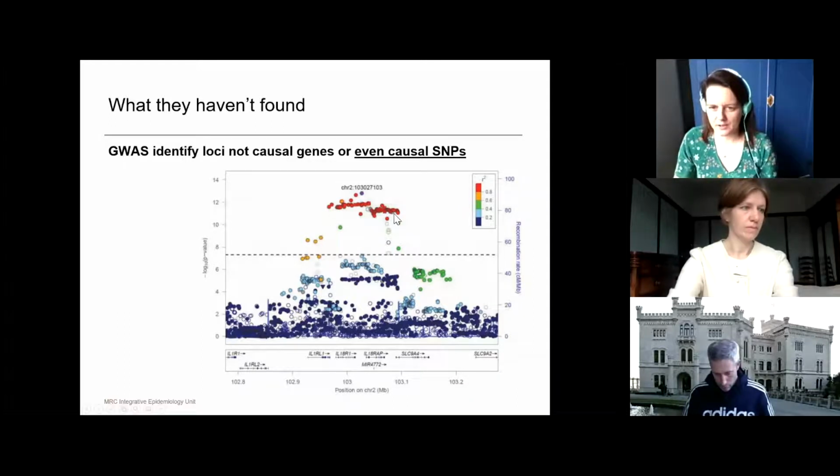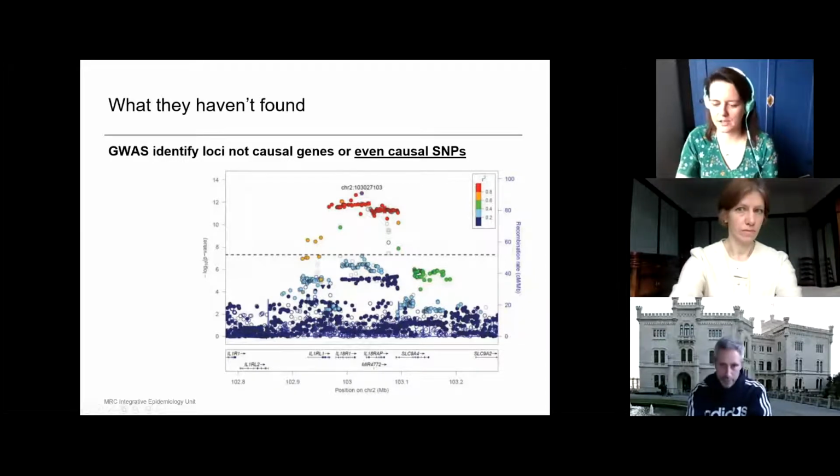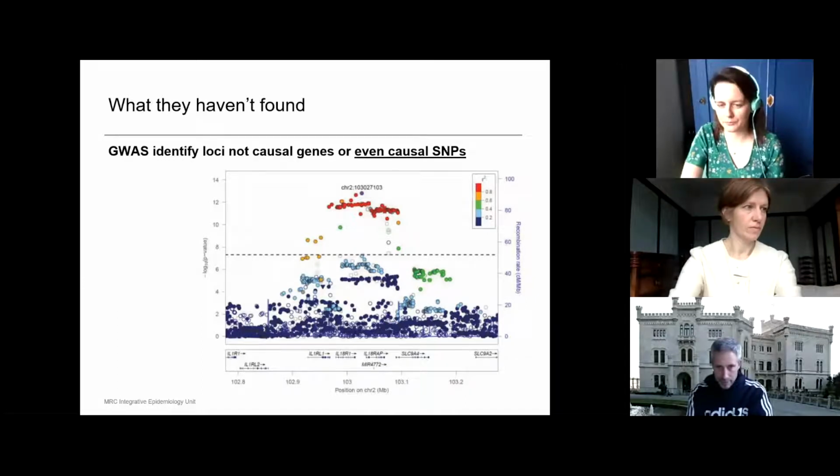Equally, if you look at the genes in the region, this region that shows strong association is spanning a number of genes, and there are lots of genes up and downstream of this that could equally be the causal genes. So to go from this association at a locus to understanding which genes actually might be impacted is quite a difficult step, and certainly not straightforward from just looking at GWAS statistics.